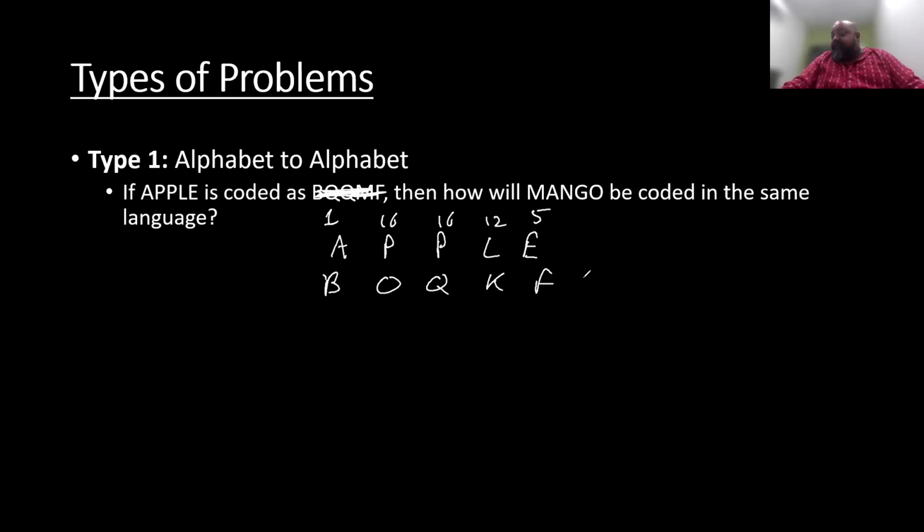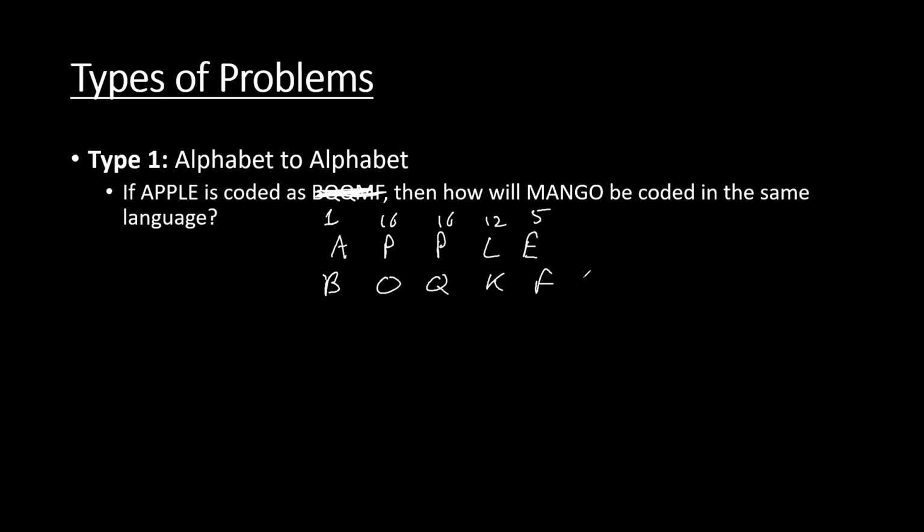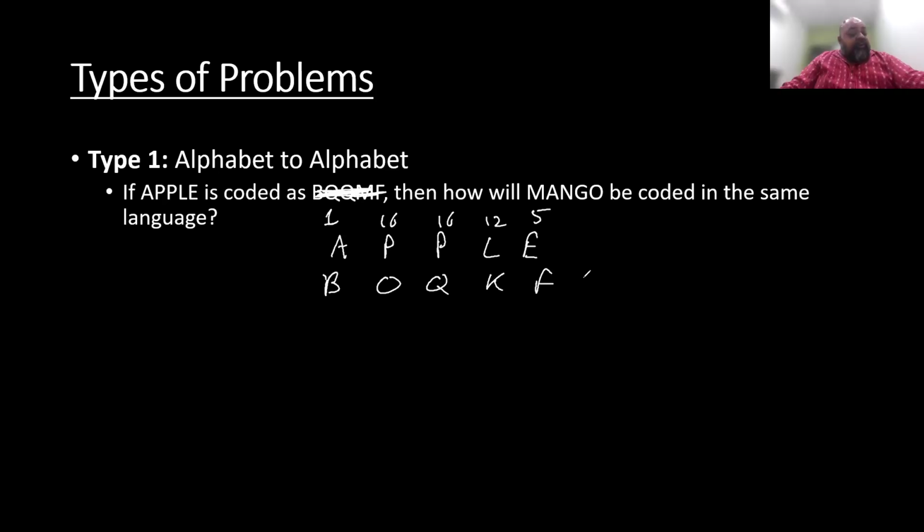Now what is happening? +1 -1 +1. Absolutely. So now instead of a change in one direction, we have a +1 here, then a -1 here, then a +1 here, then a -1 here, then a +1 here.